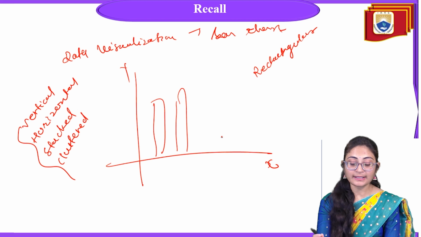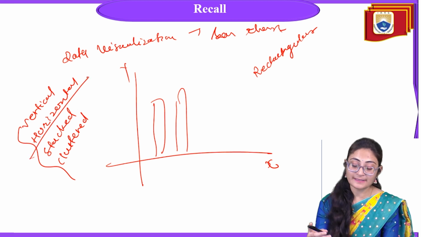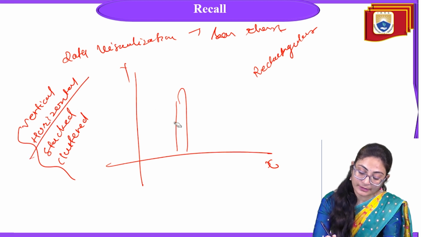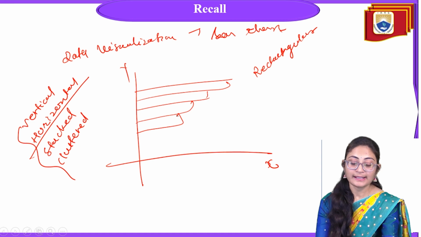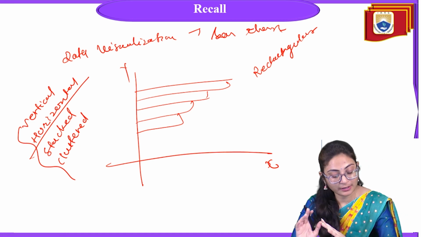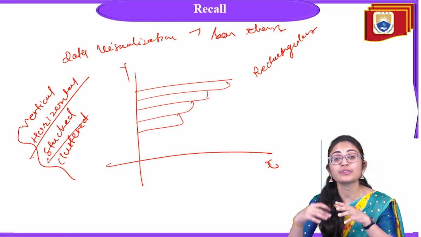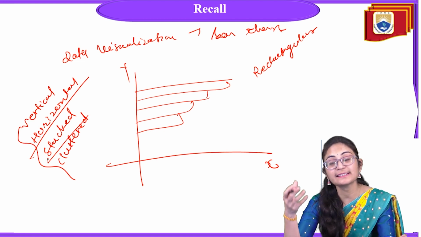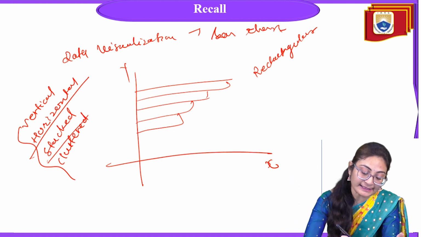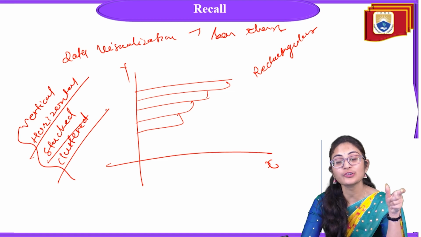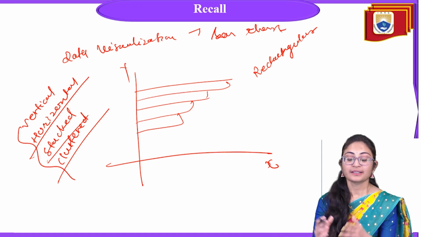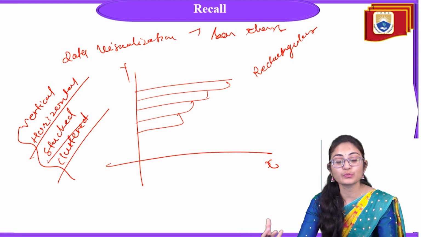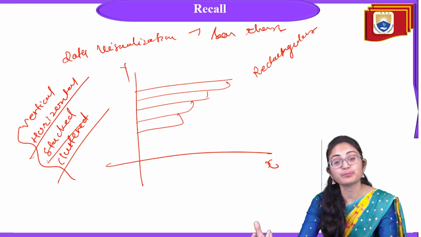If your graph is horizontal, you are showing your data in horizontal format like this. In stacked format, you show different groups, different categories, in a single bar. And in clustered format, you show data in the form of groups. So these are the different visualizations using bar charts.